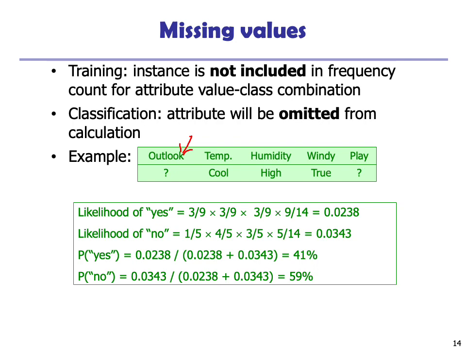So one simple way that naive Bayes deals with missing values is to not include it at all in the frequency count, which means we're just going to ignore this attribute when we are doing the calculation. Therefore, in the likelihood of yes, we're just considering the temperature cool, the humidity high, the windy true, and the prior knowledge of the class.